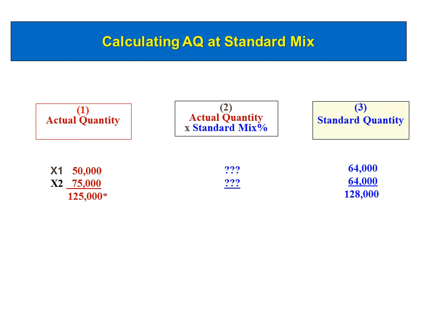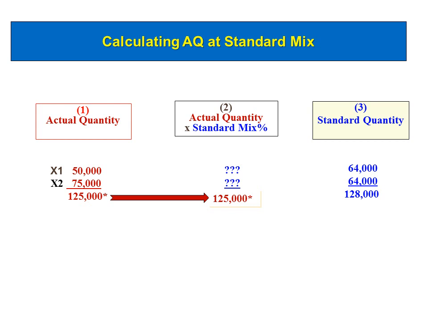My problem is not in actual or standard quantity, because both of them are from my table, but I have to calculate actual quantity using the standard mix percentage. So I need the total of actual quantity from number one, here 125.